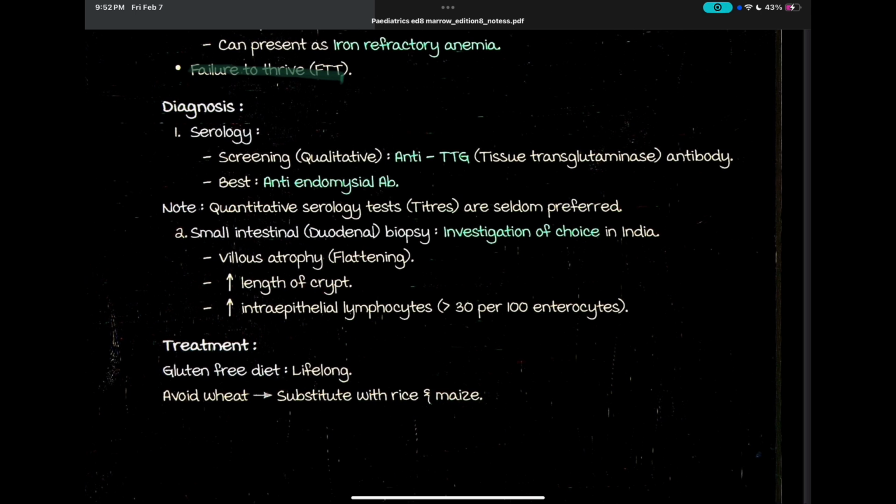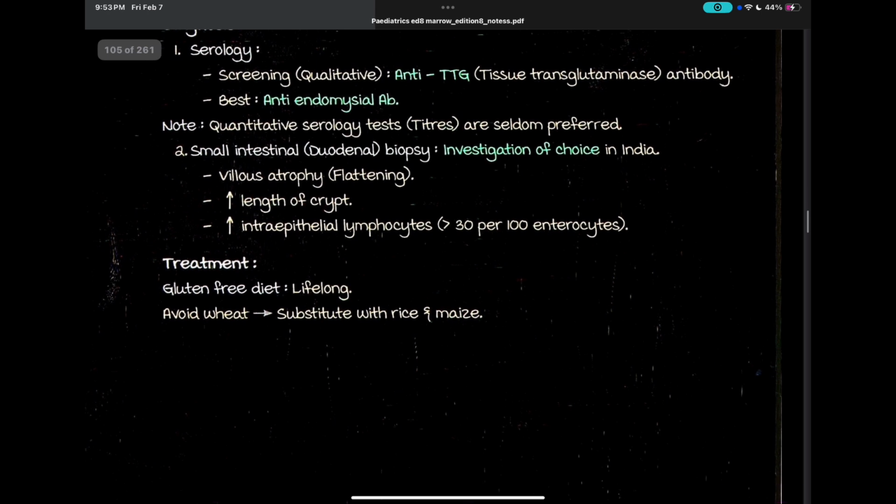Findings: villus atrophy, flattening, increased length of crypt, and increased intraepithelial lymphocytes, more than 30 per 100 enterocytes.